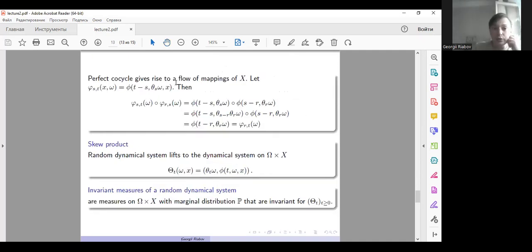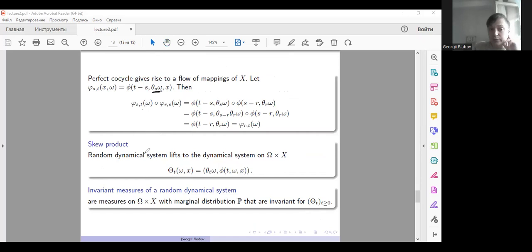Conversely, when we have a perfect cocycle, we get a flow of mappings. It is defined by the cocycle from time t minus s, but with respect to the shifted noise. And it is easy to check that indeed we have a flow of mappings.